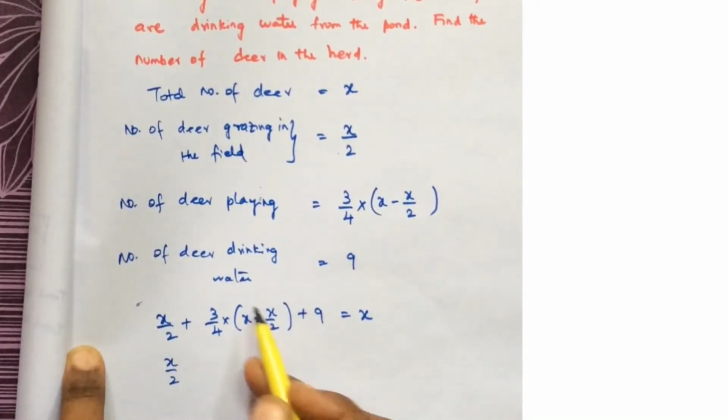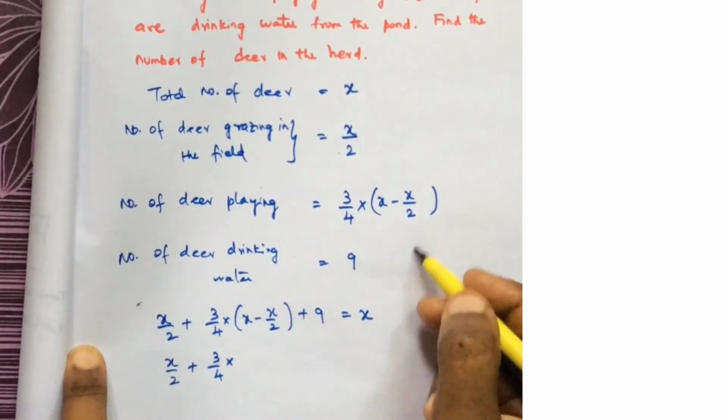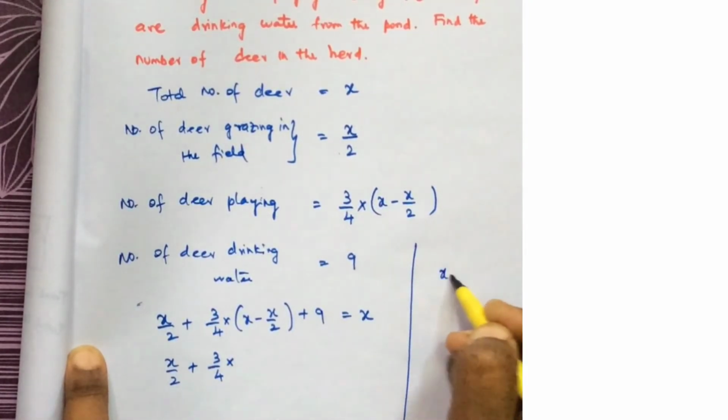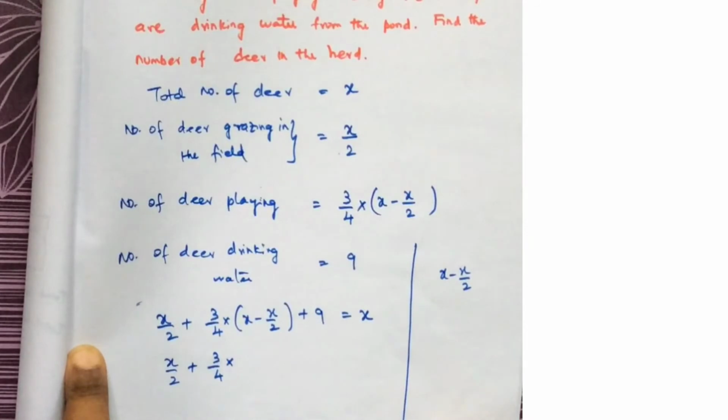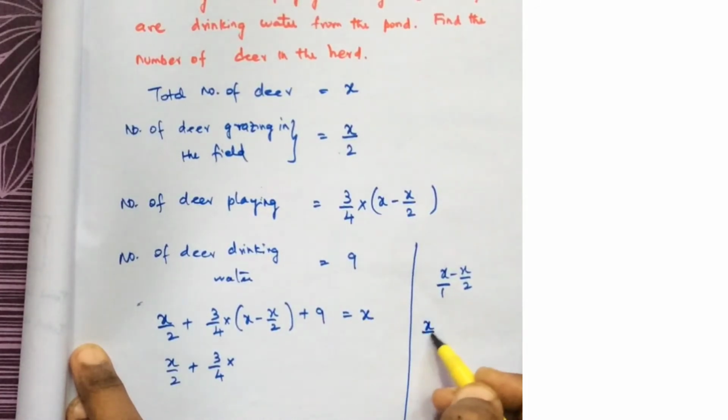X by 2, first we will solve the inner bracket, plus 3/4 multiplied by x minus x by 2. Here x is x by 1 and the other is x by 2, so the LCM will be 2.